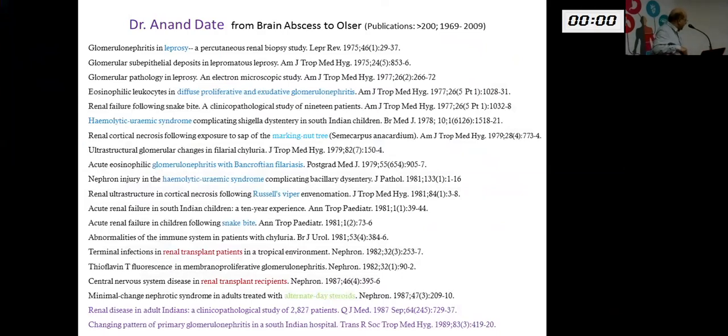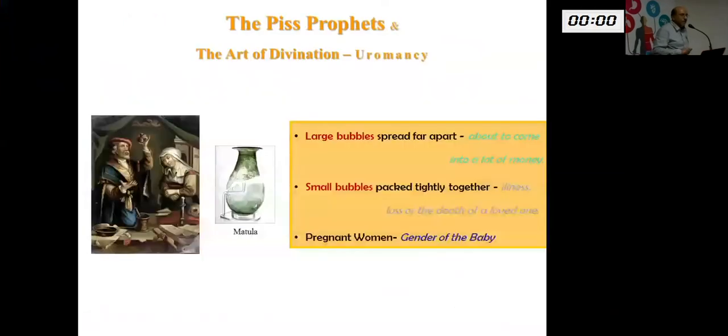And subsequently, one of the largest papers, descriptions of biopsy reports of 2,827 patients in 1987 from this hospital, published in the Quarterly Journal of Medicine. And then on, changing primary GN profile in Transactions of the Royal Society of Medicine, 1989. He retired from Qaboos University and lives in Oxbridge, right next to the Osler Library, where he spends his time.